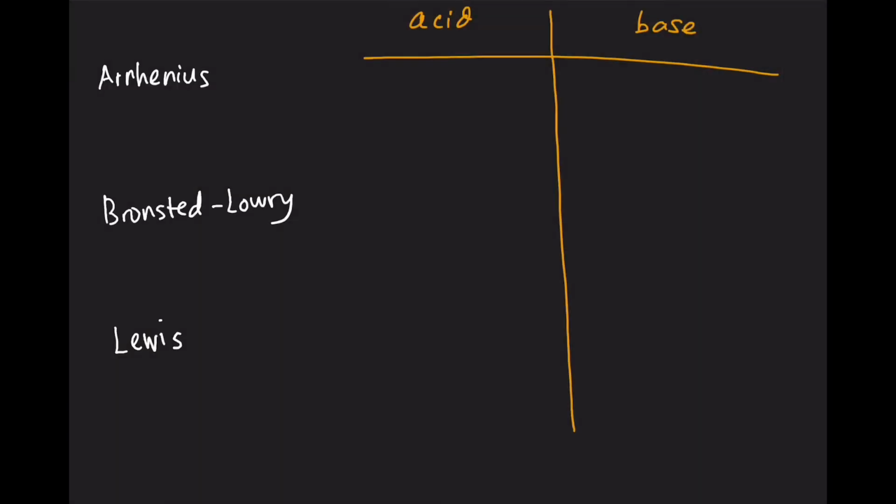In general, there are 3 definitions of acids and bases based on 3 different theories. The first one is from Arrhenius. Arrhenius stated that acids are something that releases H+ to the solution, while bases are the ones that release OH-. Now, Bronsted-Lowry expands this definition.